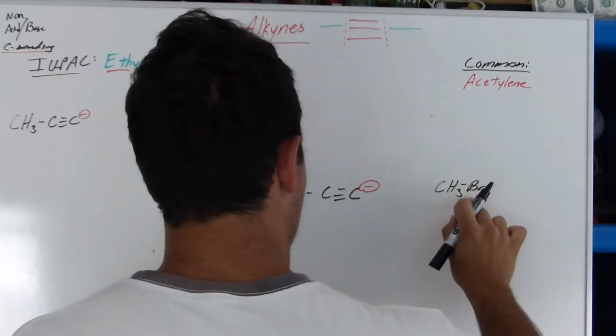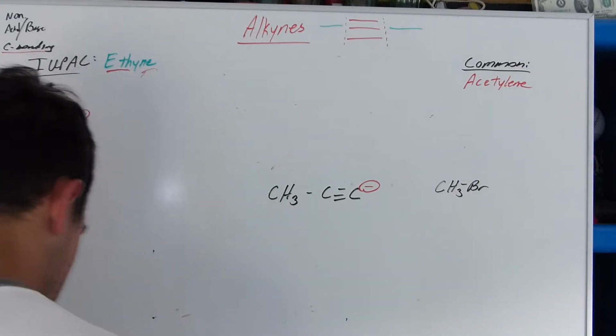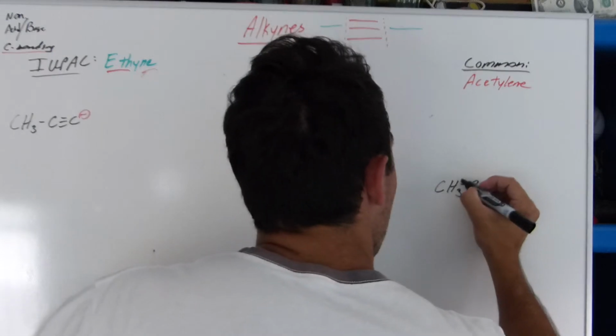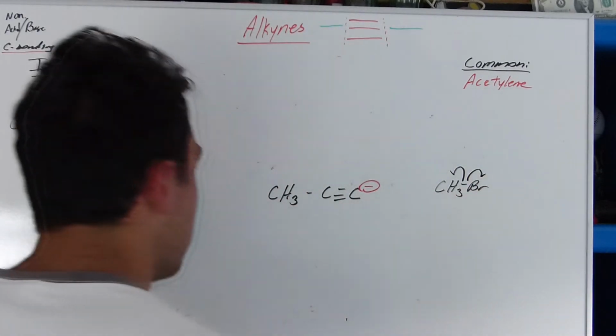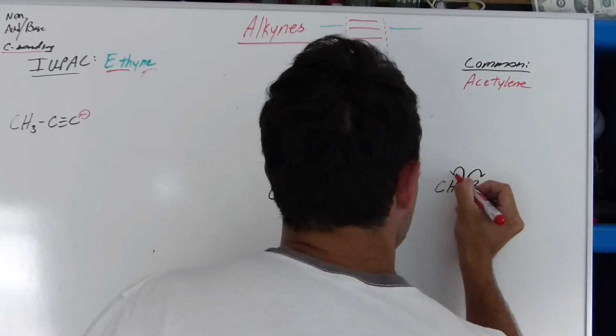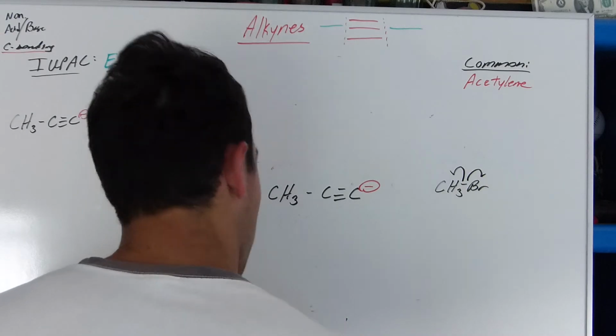So anyways, what we're going to do is break this bond. So this bond needs to be broken. Let's break this bond and have our electrons move. Well, I don't need to draw that because we're not doing alkyl halides.